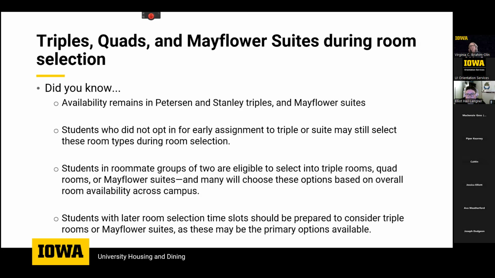And if you're in a roommate group of two, you are also welcome to live in a triple room or a Mayflower suite. You just want to be prepared to welcome those additional roommates. And then the other piece is that if you are one of our students who might have a later time slot, something on June 10th, 11th, or 12th, you are the folks that might want to consider triple rooms or suites because those are going to be the primary options available to you.